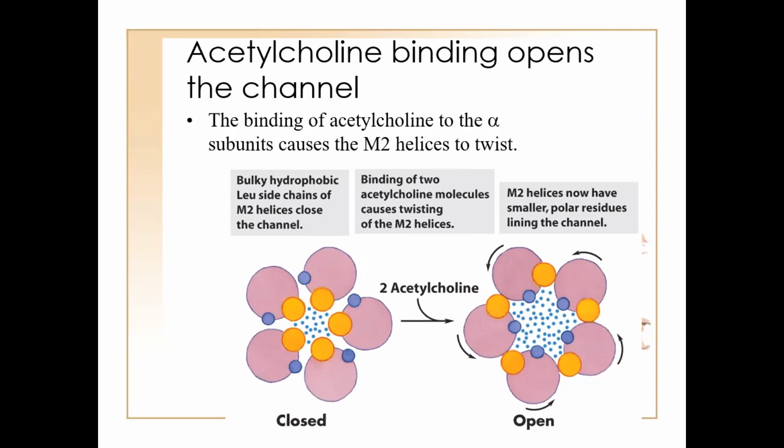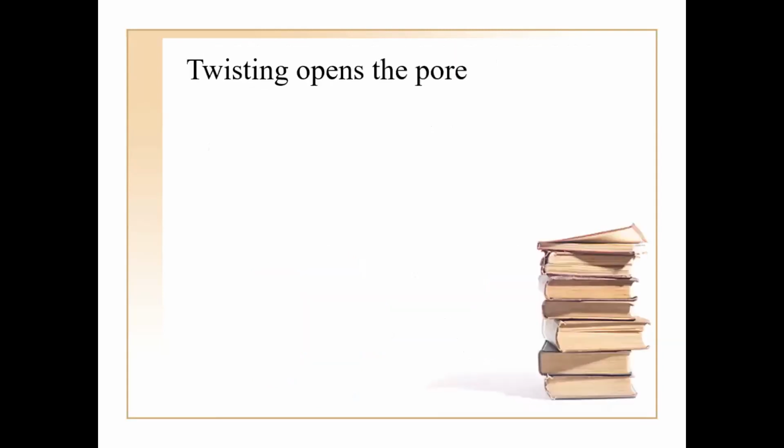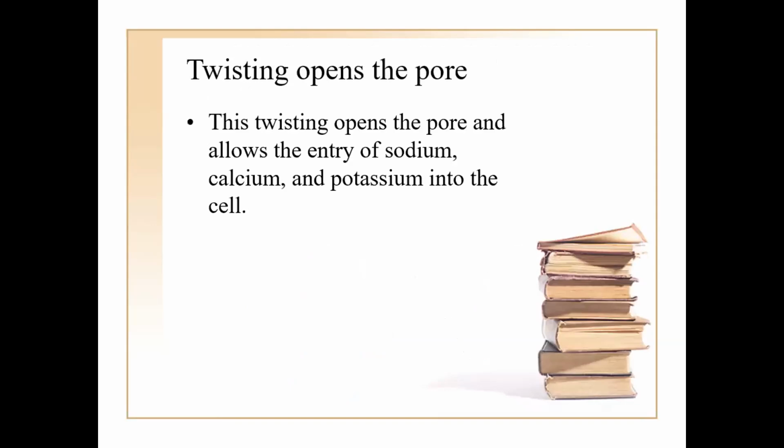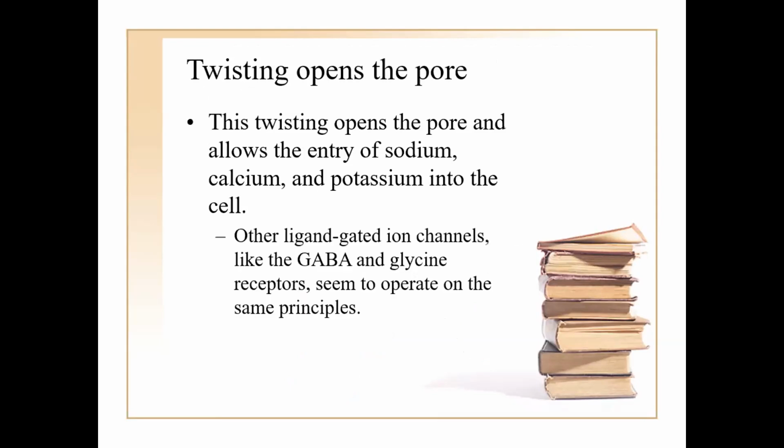So it's the same thing as like enzyme inhibitors. They'll bind for a little bit. Yeah, you could kind of, sort of. Oh, well, reversible enzyme inhibitors. Yeah, exactly. So the twisting opens the channel. Sodium comes in, calcium comes in, potassium leaves. And that's actually what that channel is for. And your other channels work on very similar principles.